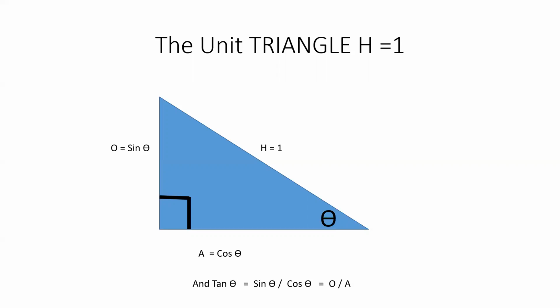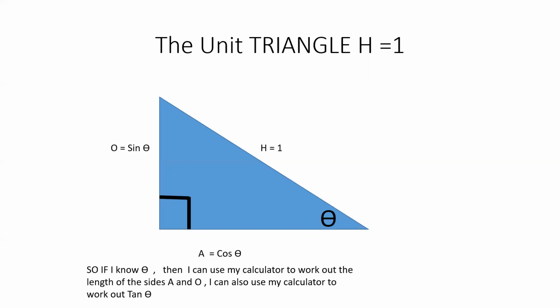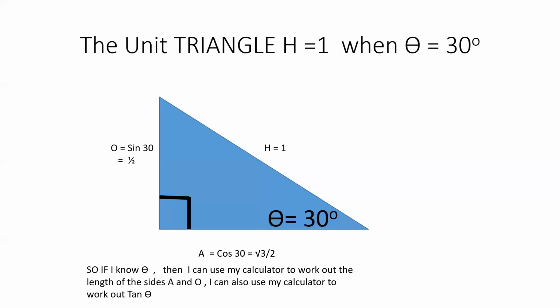And tan is just the ratio of the two sides. And it's defined as sine theta divided by cos theta, or it's the length of O divided by the length of A. So if I know theta, then I can use my calculator to work out the length of the sides O and A. And I can also use my calculator to work out tan theta.